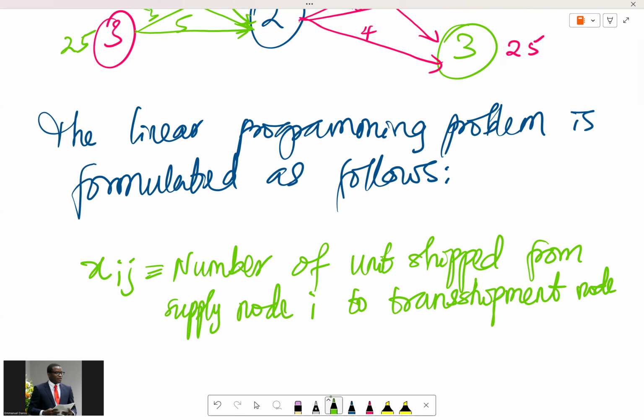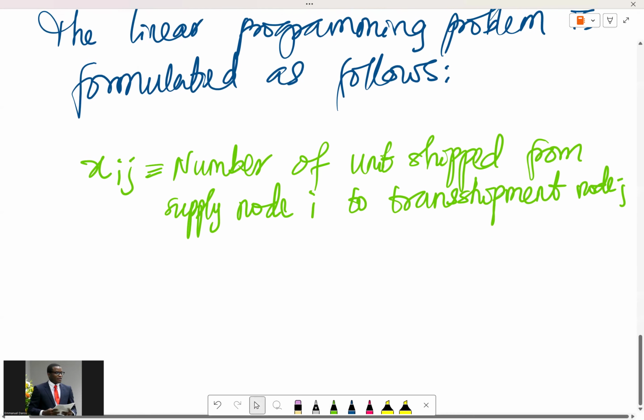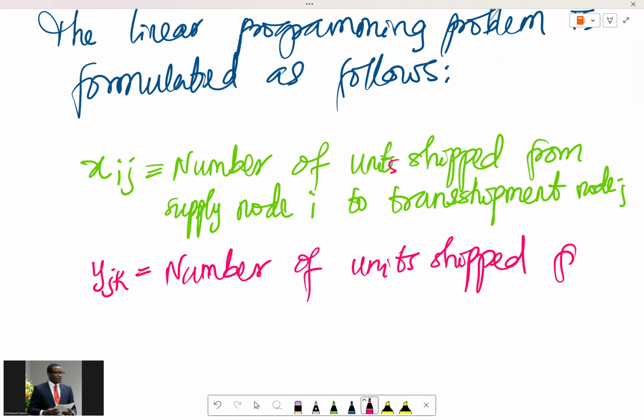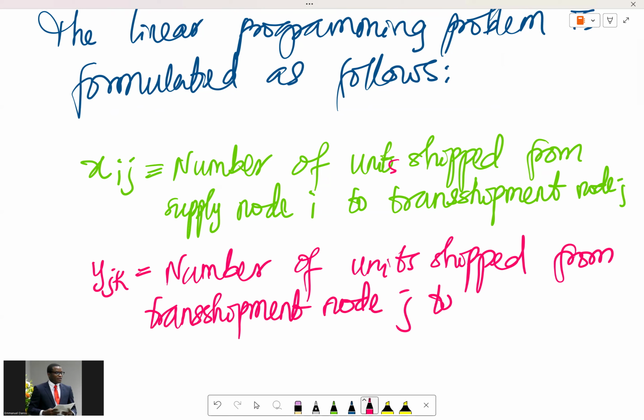Then we also have yjk, which is the number of units shipped from transshipment node j to demand node k.